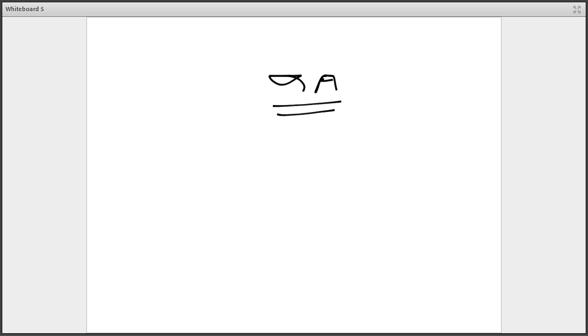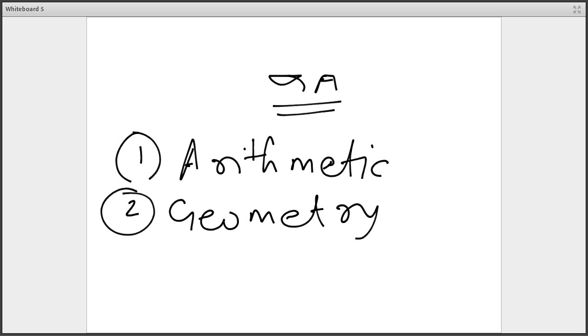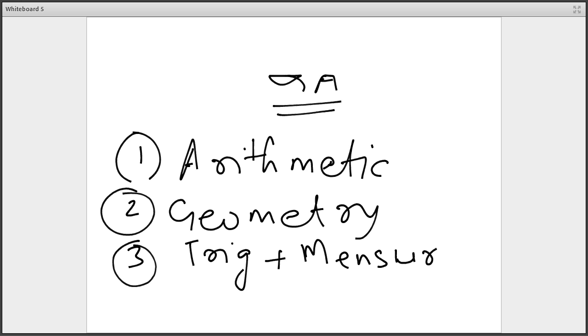However, let us check out the most important topics in the Quant section for the IIFT exam. The highest weightage in the section is of arithmetic, followed by geometry, followed by stuff like trigonometry, mensuration, then your algebra.